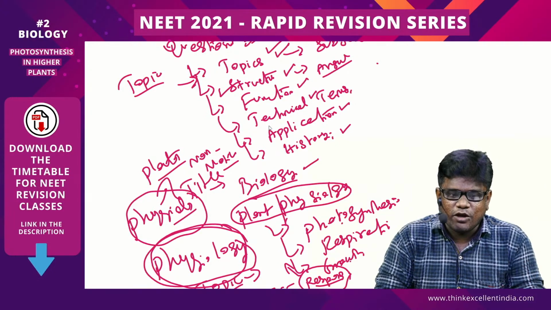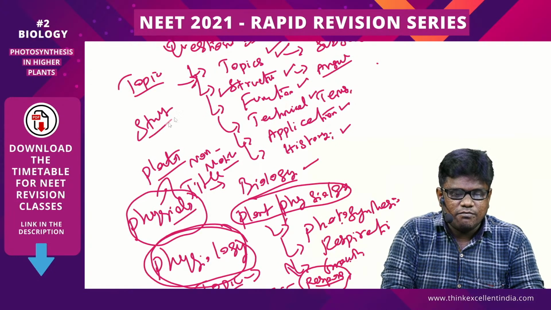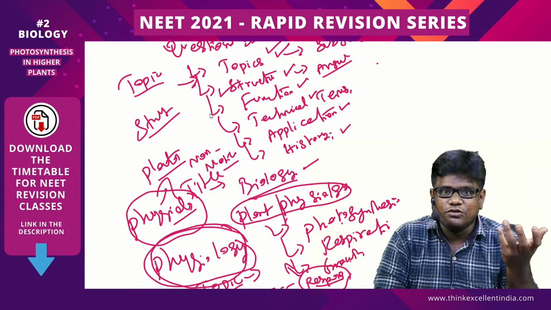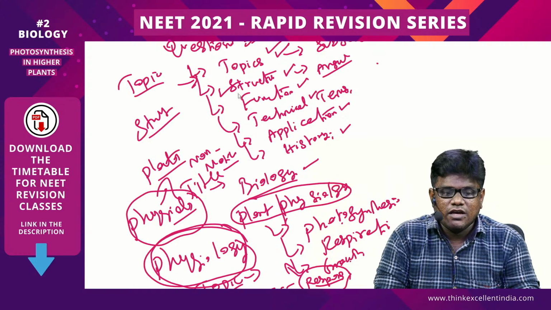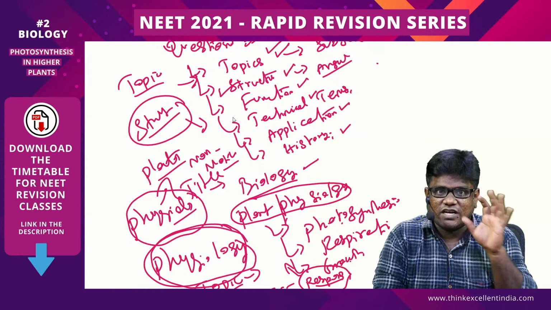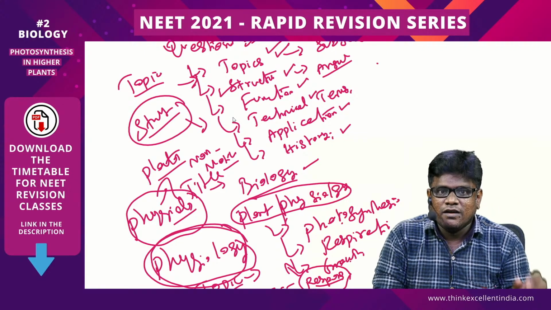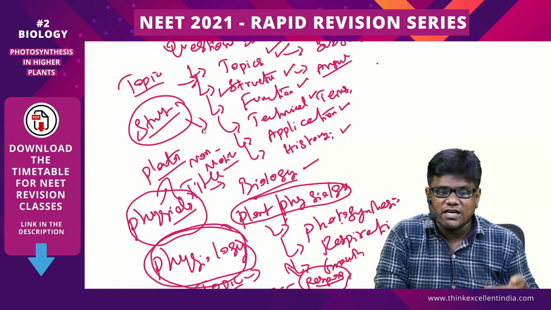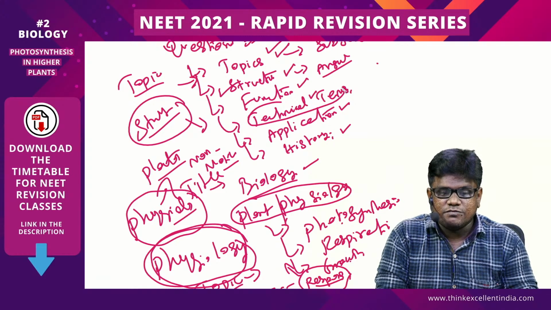The next one we have seen is structure. In biology, structure is very, very essential. If you have a clear idea about the structure, it will be very helpful for you to derive the functions from it. If you can derive the functions easily, the technical terms will be in your mind.